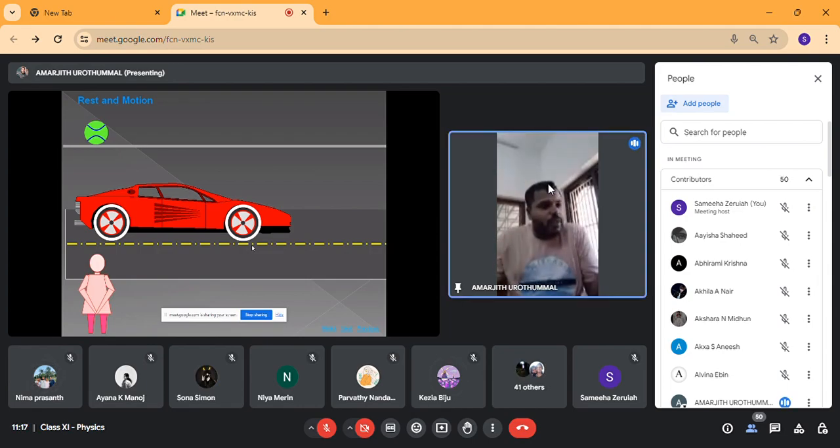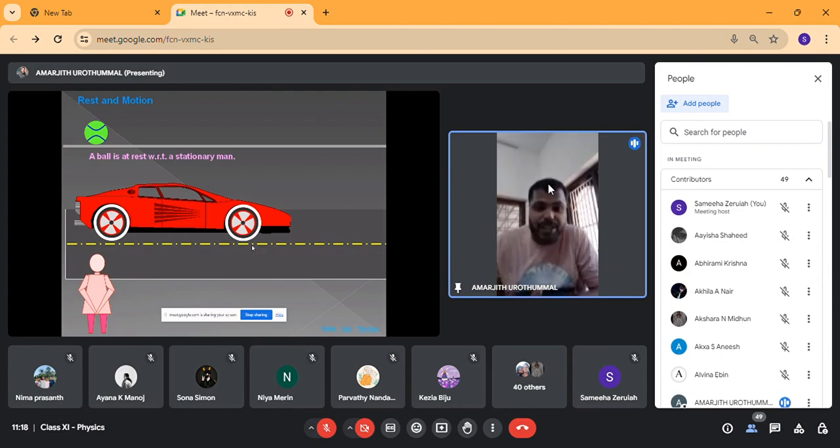You can see a ball there, a car there, and a stationary person observing. Now, with respect to the stationary man, the ball is at rest.